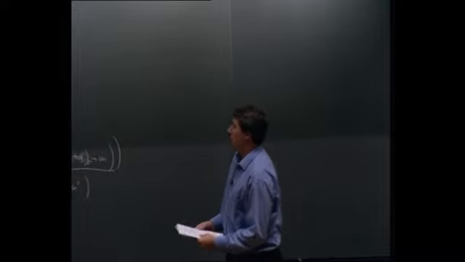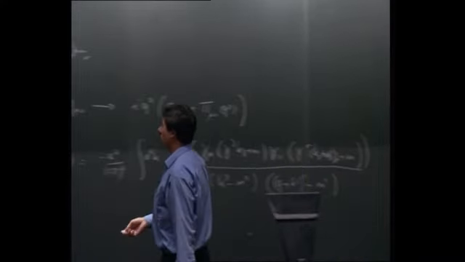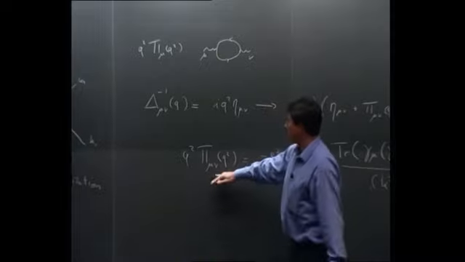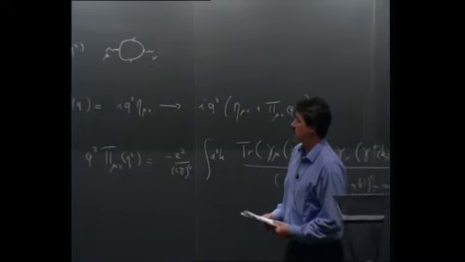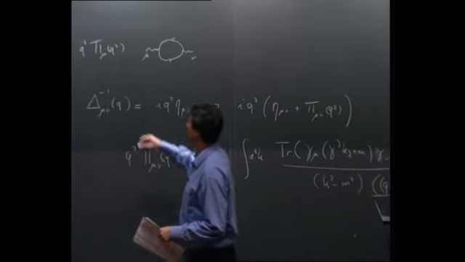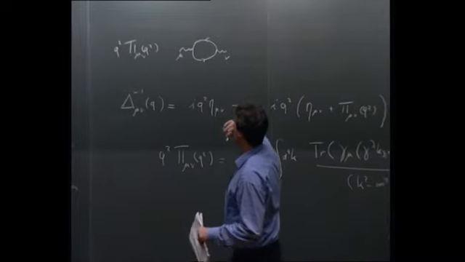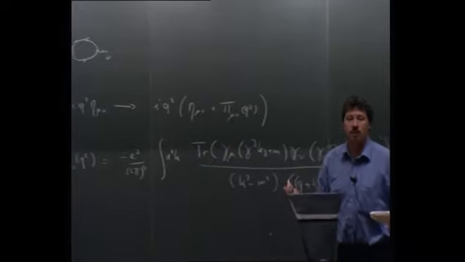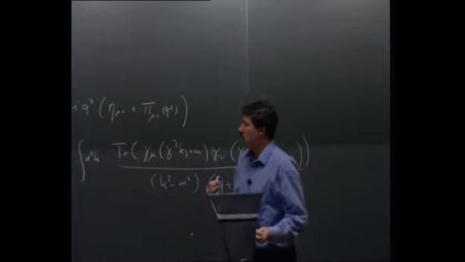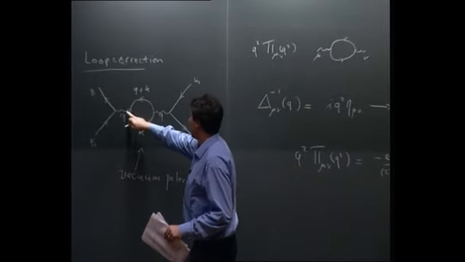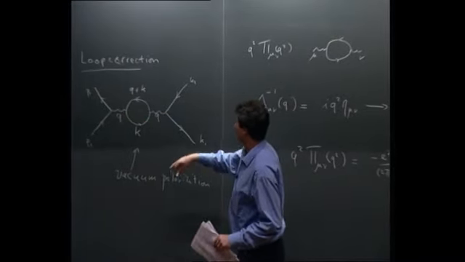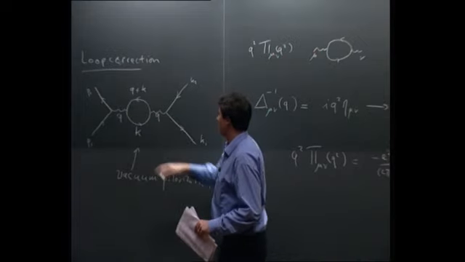There's one fact that's important and will be helpful in simplifying the calculation, and that's what I mentioned yesterday, that the photon has a gauge invariance. This means that for these photon lines, there will be a restriction on the coupling that a photon can have to a vertex.